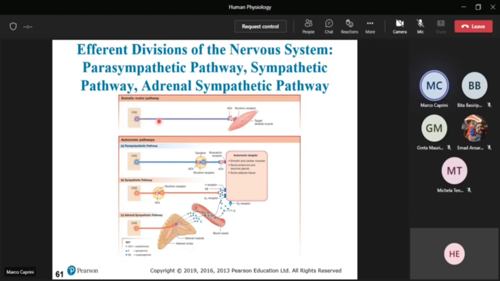Not only that this is voluntary and this is involuntary, but also from a physiological, cellular point of view. You have here the acetylcholine, you have here the acetylcholine in the ganglion and the noradrenaline in the tissue, in the target, and here the acetylcholine in the target. But is this structure the same? Compare this structure? No. The two structures are completely different.